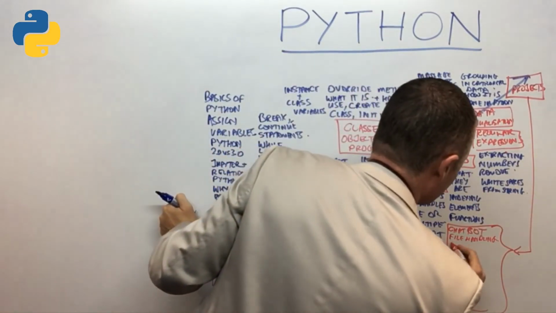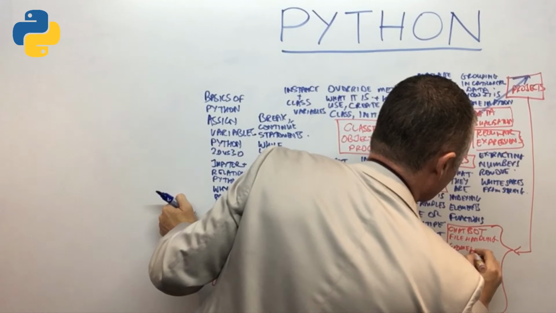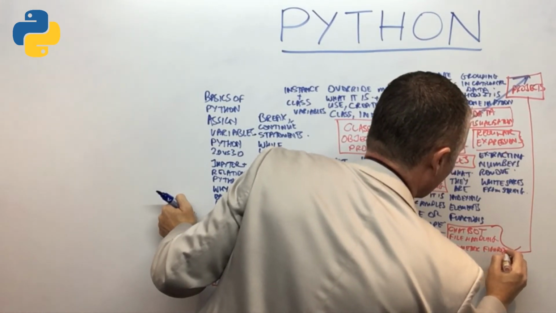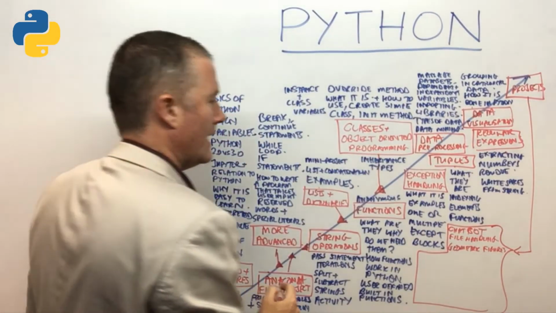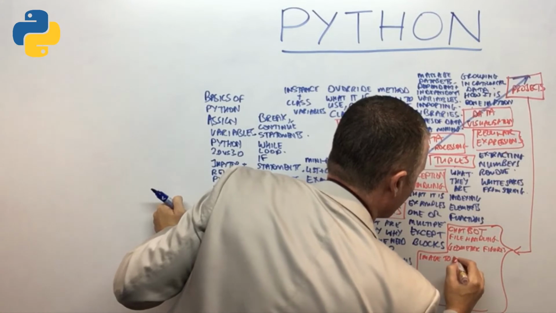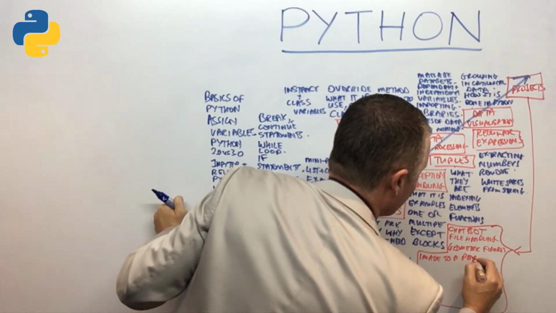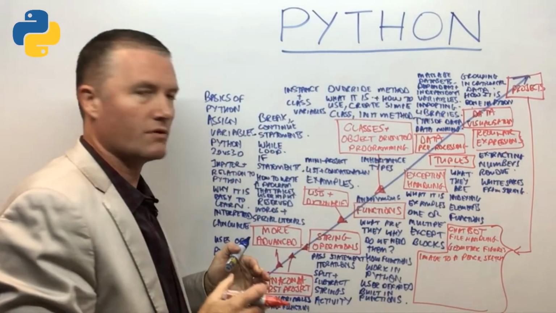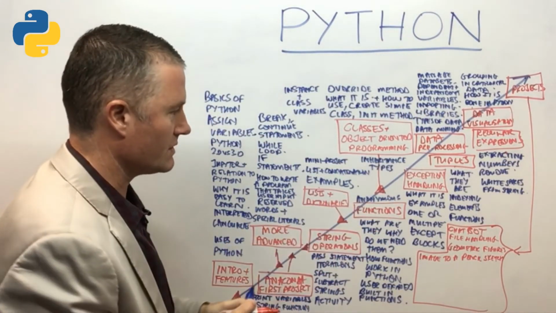Then you'll be able to set up geometric figures and work with geometric figures. You'll be able to convert an image to a pencil sketch. So working with images and doing things with them, teaching you how to do that.